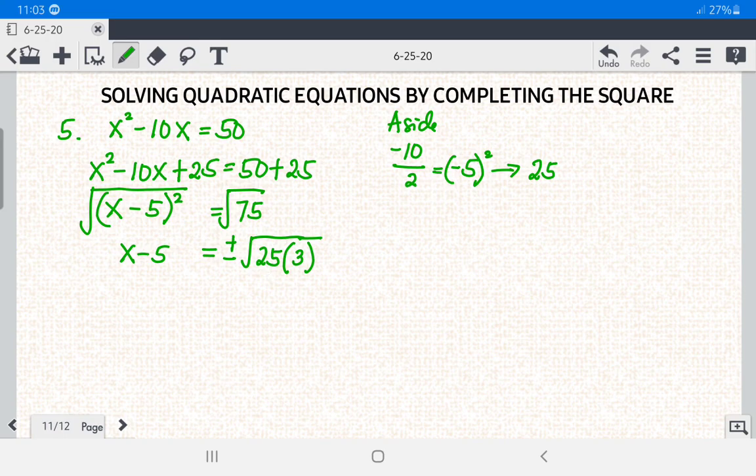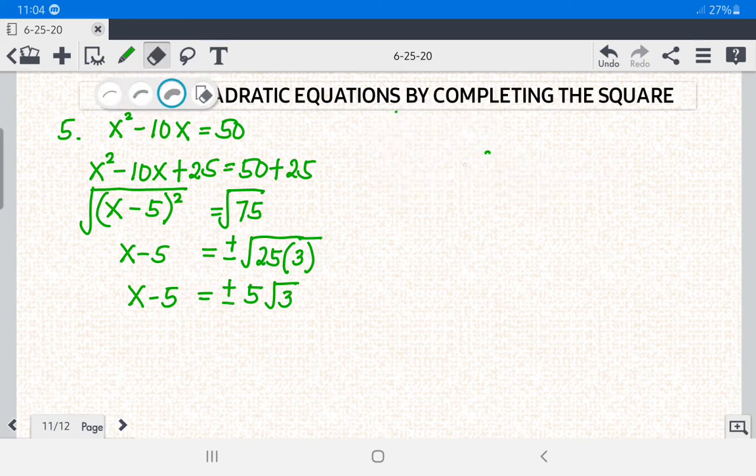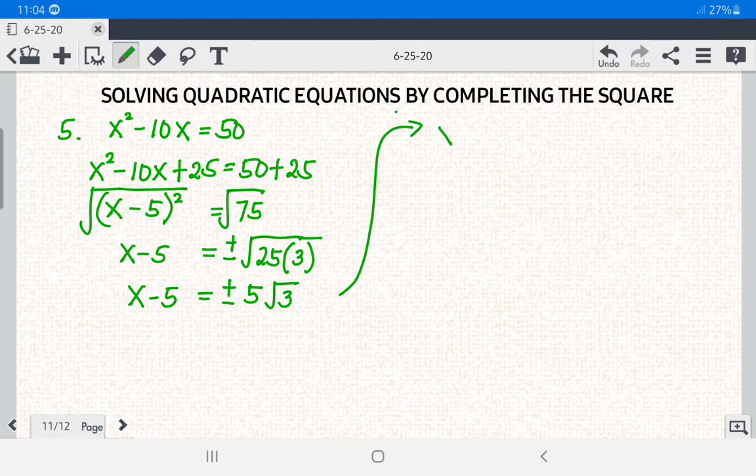So we have x minus 5 is equal to positive or negative: the square root of 25 is 5, then since 3 is not a perfect square, you will just copy the square root of 3. Then, to solve for x, you're going to add 5 on both sides of the equation. So we have x is equal to 5 plus or minus 5 square root of 3.